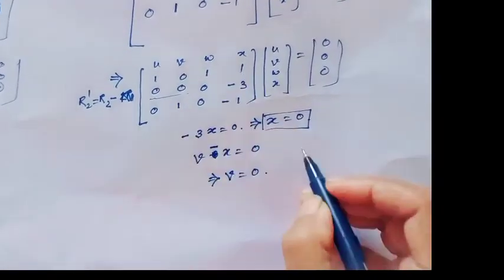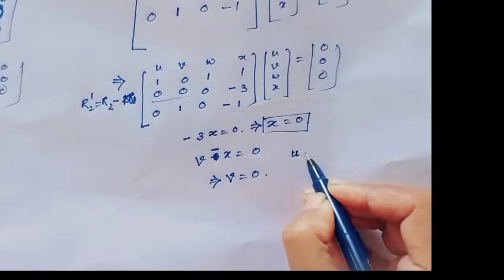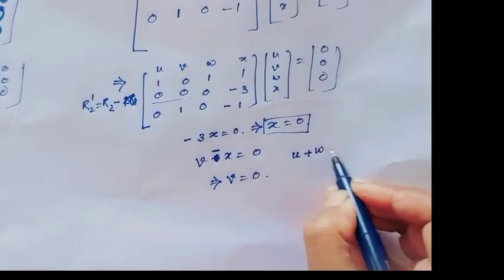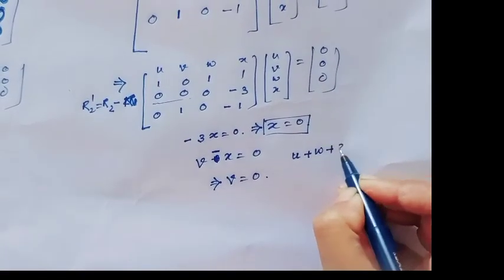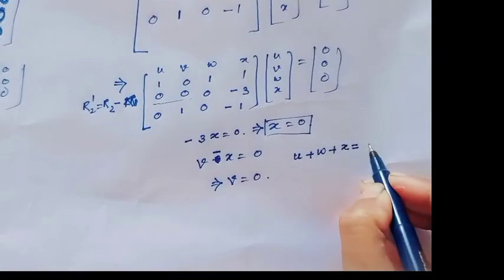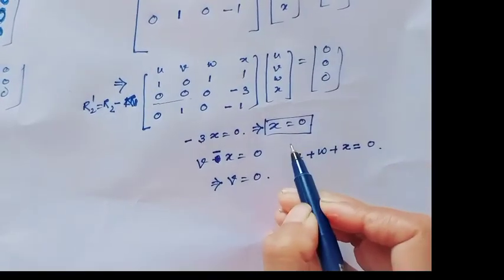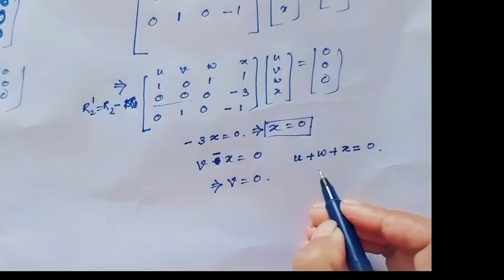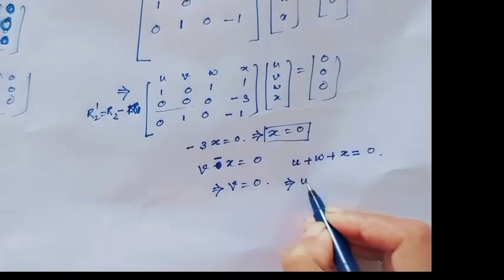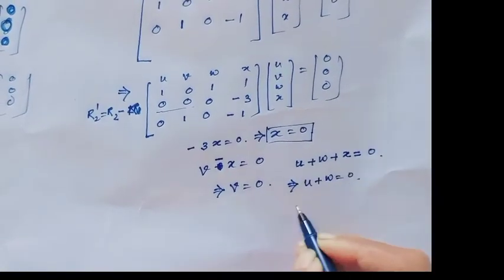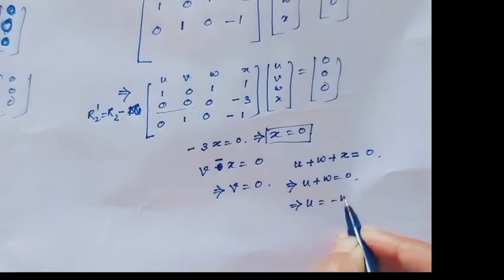And from the first row we can tell u plus w plus x equals 0, and since x equals 0, that means u plus w equals 0, that means u equals minus w.